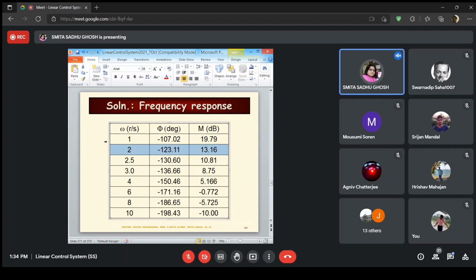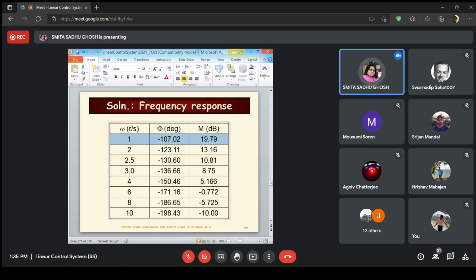Similarly now, this 1 radian per second, if you look at that from the magnitude point of view, it's okay. I want minus 19 decibels from my compensator. From the phase point of view now, I would be wanting how much? You can see that, minus 135, and then here it is minus 107. So around just how much will it be? 20 something will be the amount of phase lag that I want from my compensator, right?